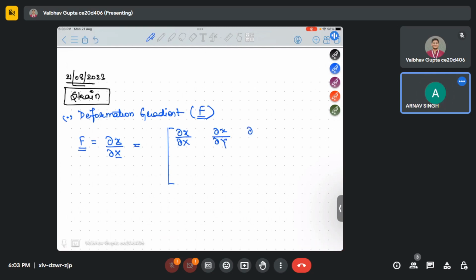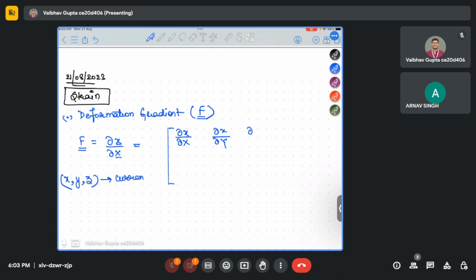Small x, small y, small z represent the particles present in the current configuration, and capital X, capital Y, capital Z are known as the reference configuration.